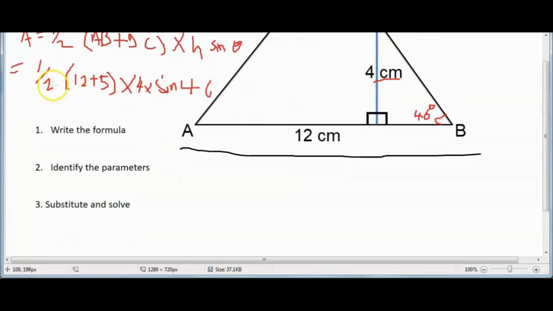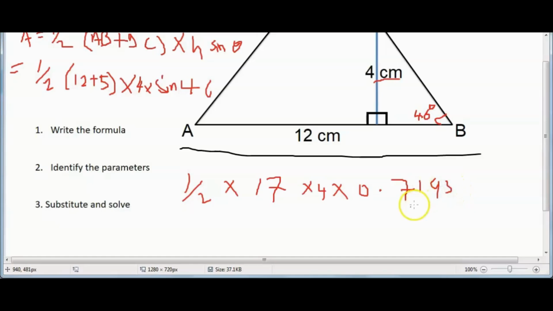12 plus 5 is 17. According to BODMAS, solve the bracket first. So you're going to have half times 17 times 4 times the sine of 46, which is 0.7193.